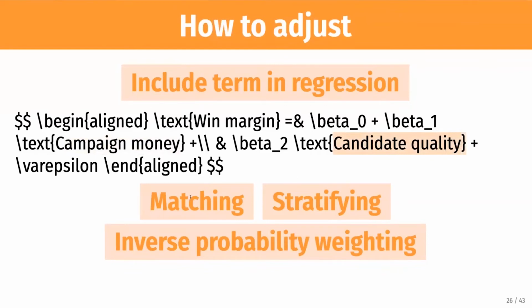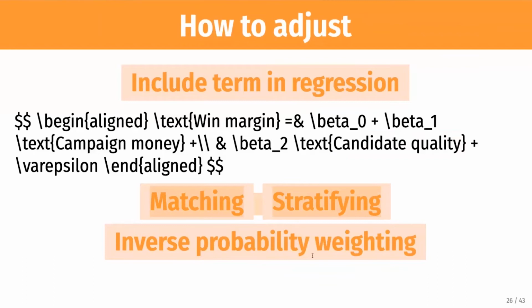You can also do things like matching or stratifying. Stratifying would mean you find all of the high quality candidates and just do a regression on them, and then you do all of the low quality candidates and just do a regression on them. That lets you get rid of the quality aspect, and then it lets you isolate just that one causal effect.